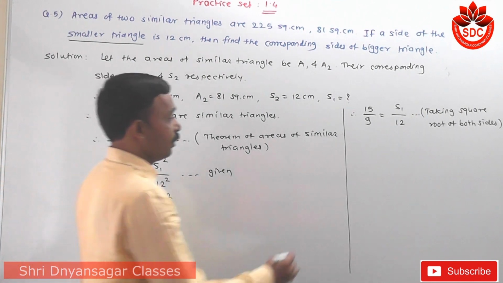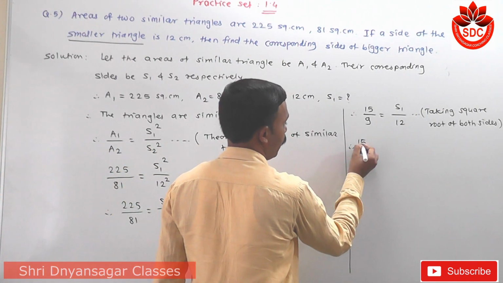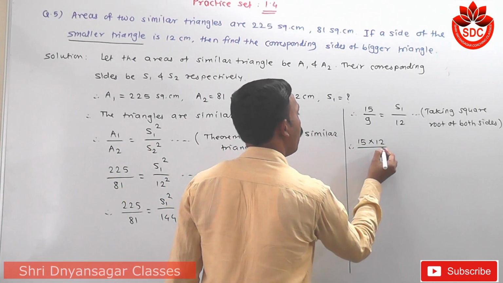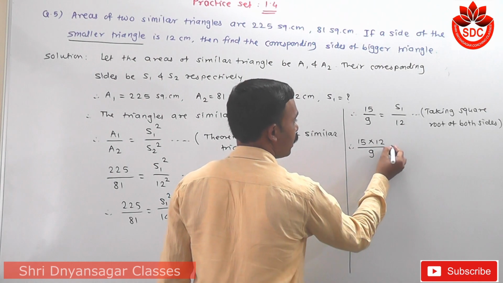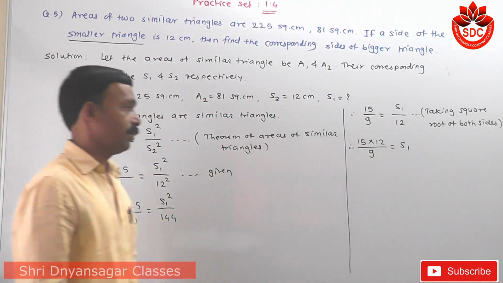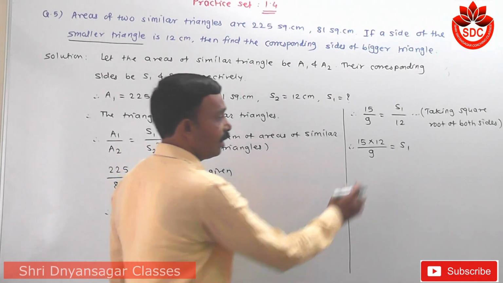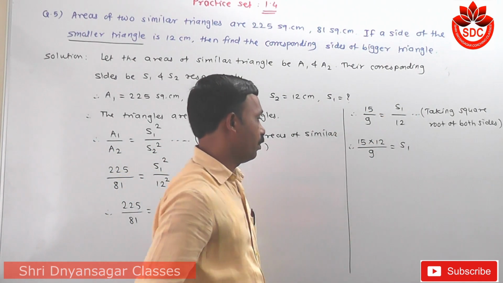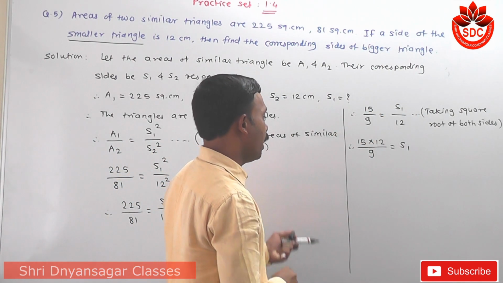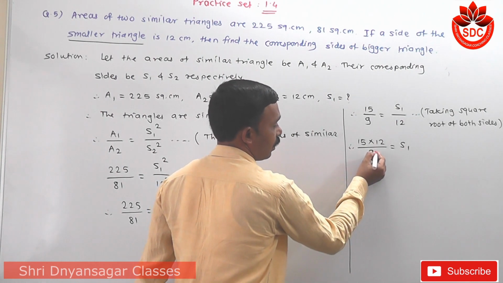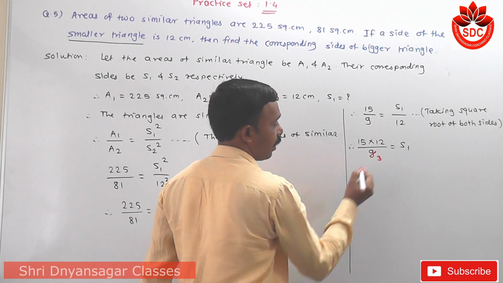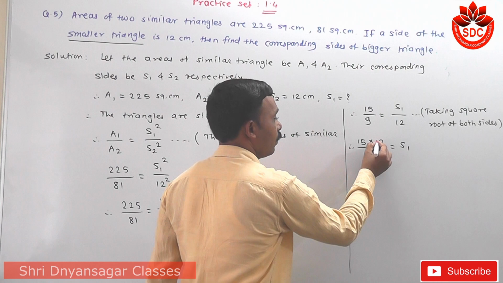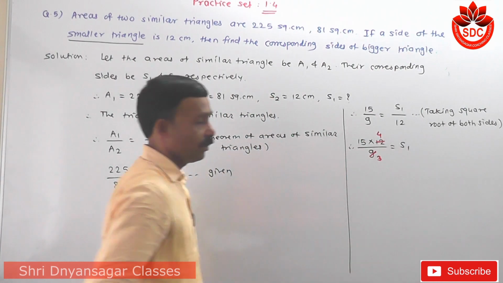Then by cross multiplication, that means 15 into 12 upon 9 is equal to S1. The next step, I directly write: 12 goes to the numerator. Then simplify it by using 3. 3 3s are 9, 3 4s are 12.